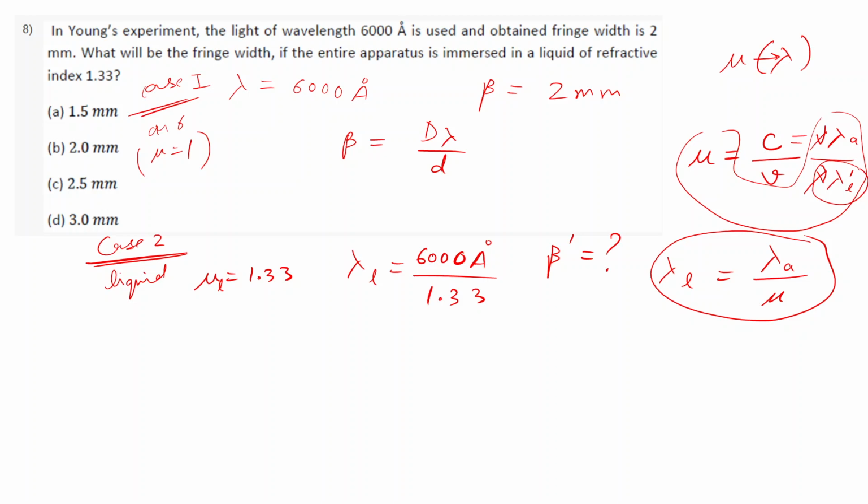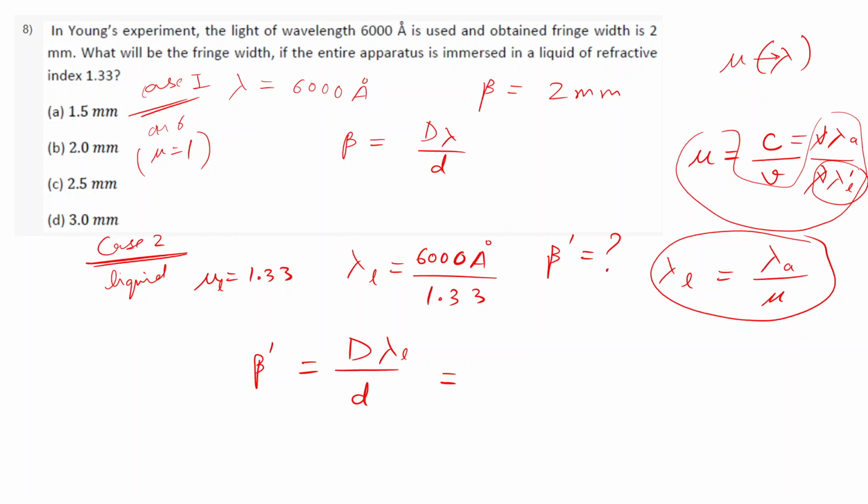The formula of fringe width is capital D divided by small d, times the new lambda. Here we were not given these parameters, but we knew the old one.